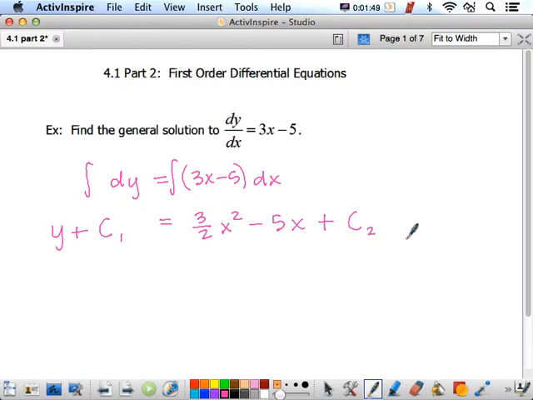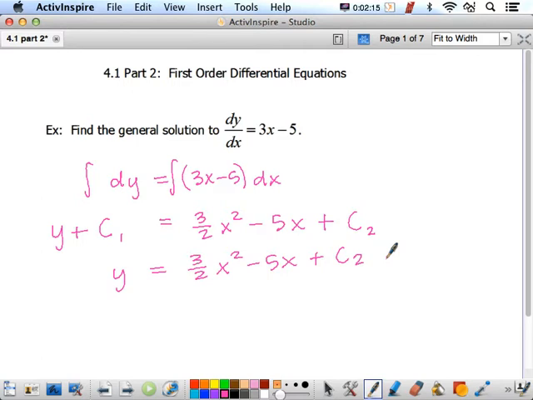So far so good? Basically, you get all your x's on one side, all your y's on the other side, and integrate both sides with respect to the appropriate variable. Then, when you look at the end and you have your constants, go ahead and get y by itself, so that y equals 3 halves x squared minus 5x plus constant 2, and technically minus constant 1.